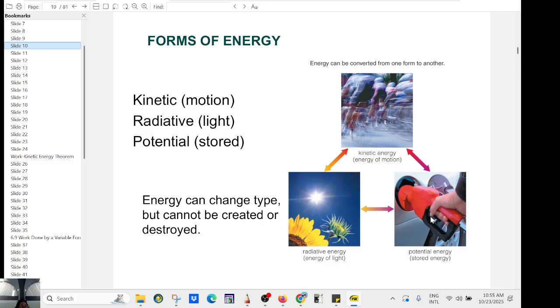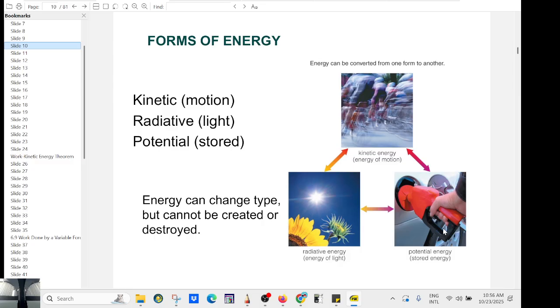If I let go, it goes to kinetic energy, so I can get back the potential energy. With potential energy, you always have a restoring force, a force that wants to bring back the system to a lower level of energy.